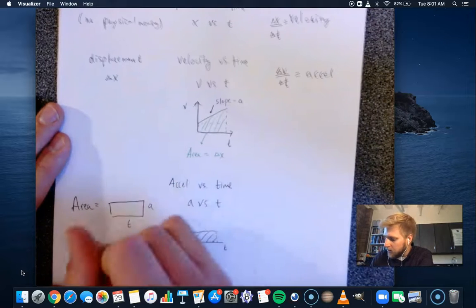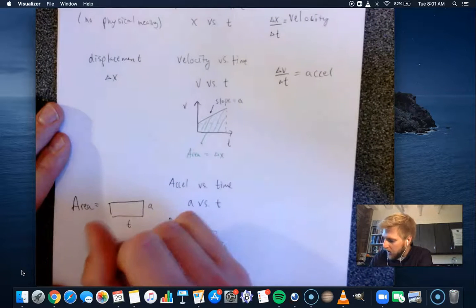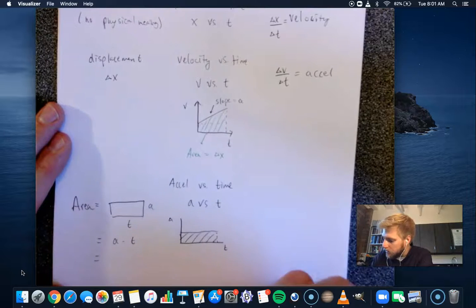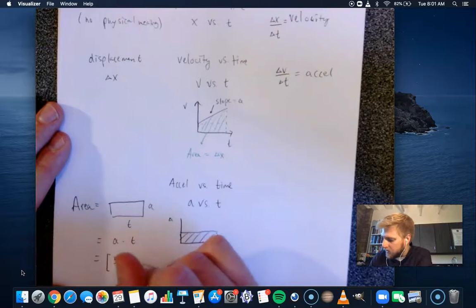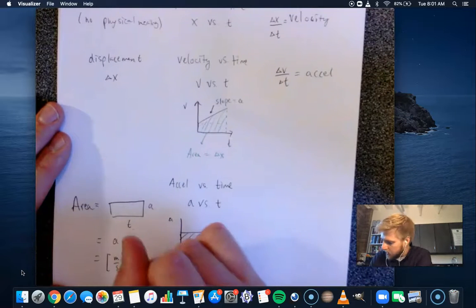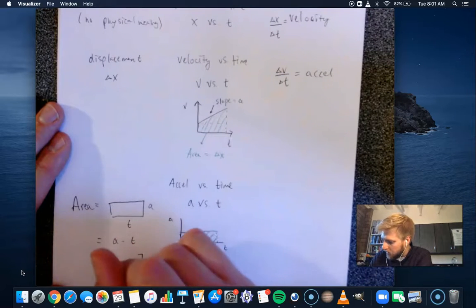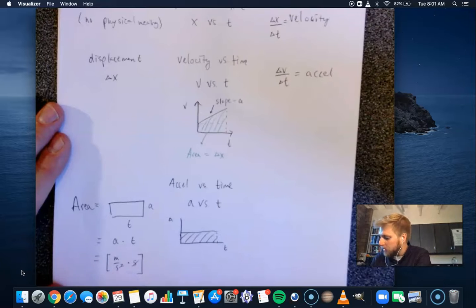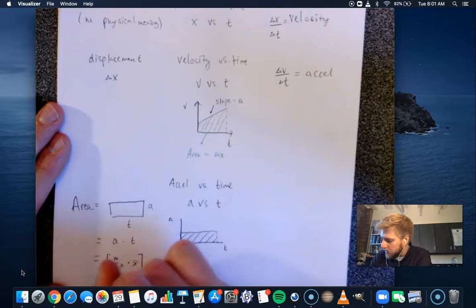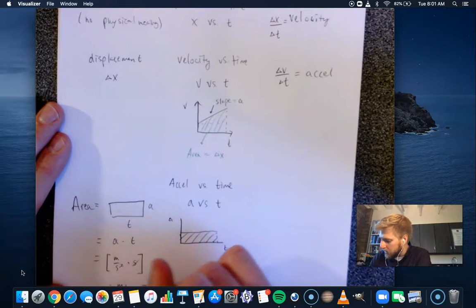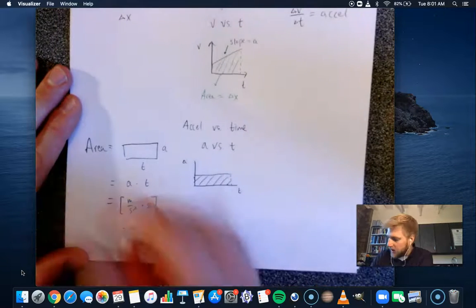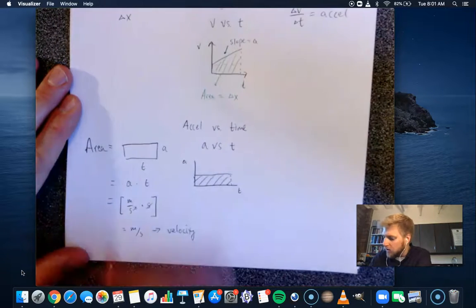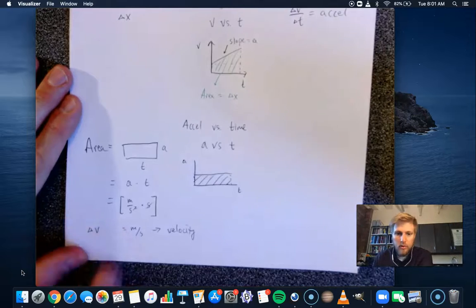So length times width, that would be a times t, which would be meters per second squared times seconds. So if we cancel one of those, we get meters per second. So this is velocity. And more precisely, just so you all know, it's actually going to end up being the change in velocity for reasons we'll get to.